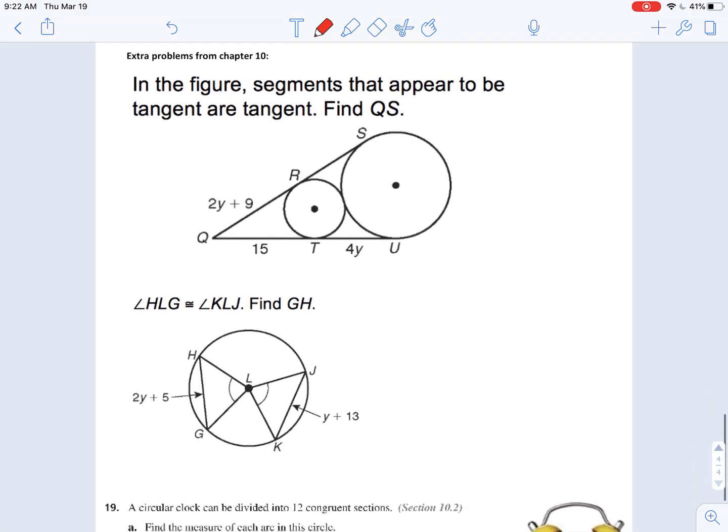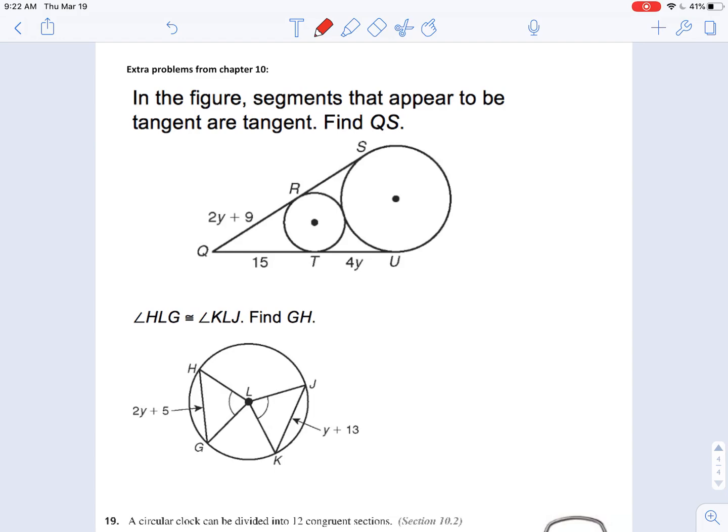All right, so here are some extra challenge problems. In the figure, we've got all these tangent lines. And what do I know about tangent lines from the same point to the same circle? Well, they've got to be the same. So 2y plus 9 must be 15. 2y must be 6. Y is 3. So they want me to find QS. But I know these must be the same.